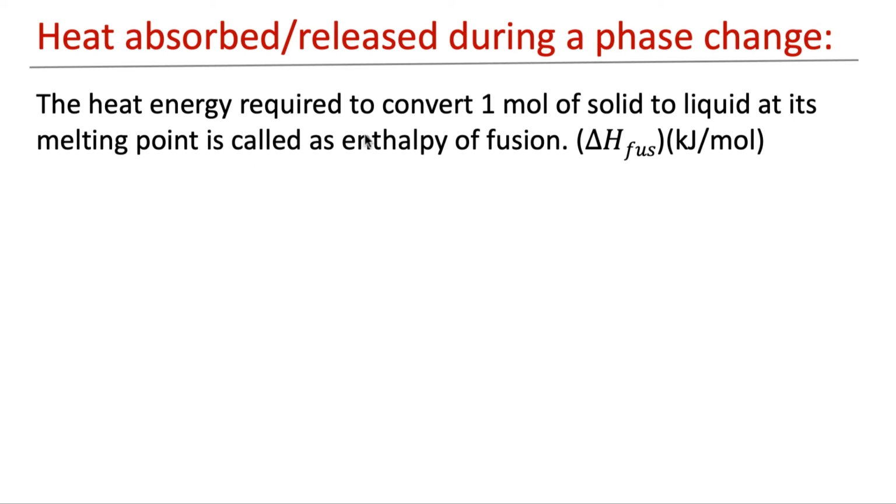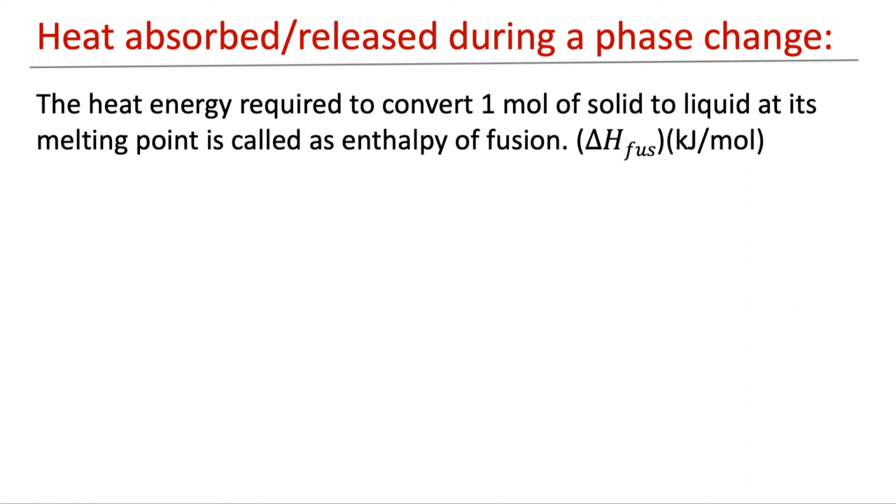The heat energy required to convert 1 mole of solid to liquid at its melting point is called enthalpy of fusion. And we represent enthalpy of fusion as delta H FUS. And the units that we use to express enthalpy of fusion are kilojoules per mole of substance.